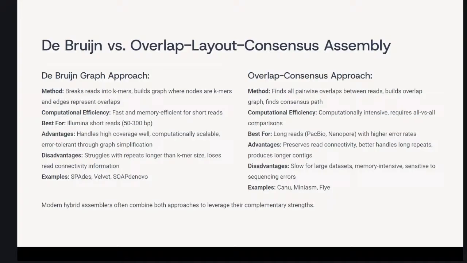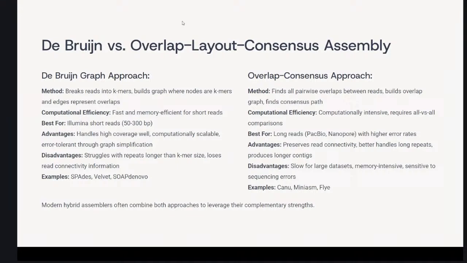Let us revise what the de Bruijn graph approach is again. Method: first it breaks the reads into k-mers. What are k-mers? I already explained. If you have any doubts, you can ask me. First it breaks the sequences into k-mers, then builds a graph, the standard graph and then the compact graph, where nodes are k-mers and edges represent the overlaps.